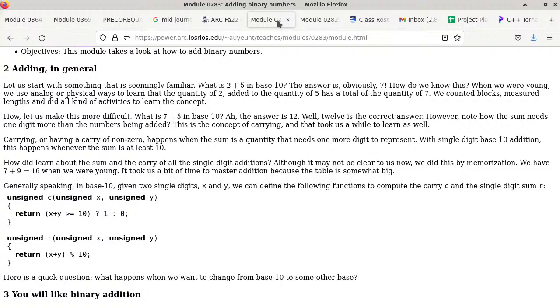Very good. So if the type is an unsigned instead of a bool, that means 1 is interpreted as true, so is 2, so is 3, so is 4, so is 5, and so on. So if I forget about the ternary operator and just say return x plus y is greater than or equal to 10, there's no guarantee that it's going to return a 1 if the condition is true.